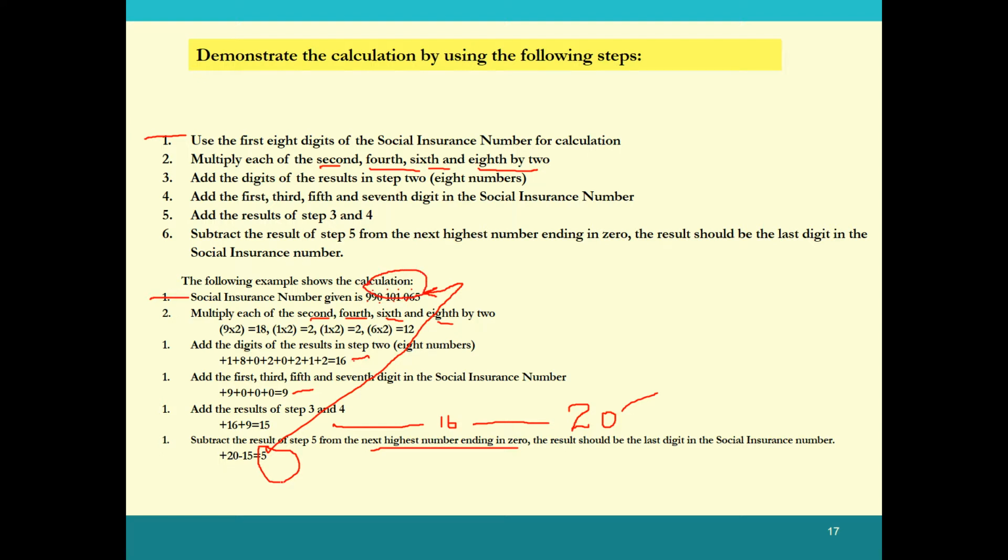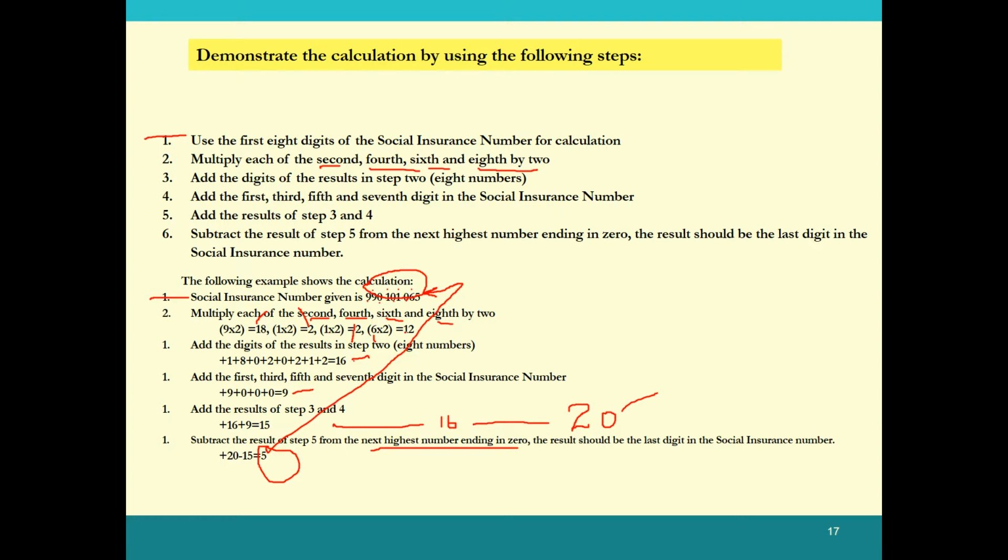All right, and then we add the digits of the results from step 2. The result was 18, 18, right. Then 2 means 02, 2 means 02, and again over here 6 multiplied by 2. So, I figured out that the digits in the second, fourth, sixth and eighth positions are 9, 1, 1 and 6.